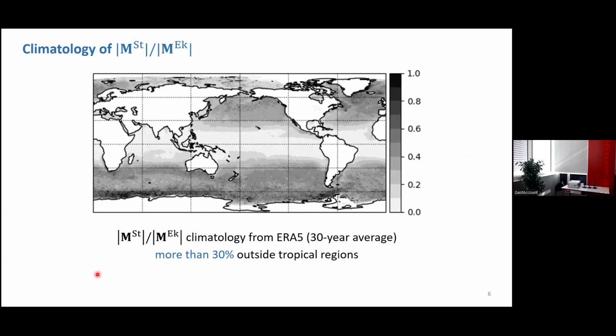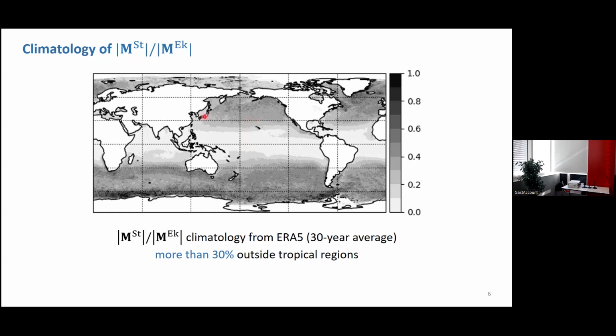The general magnitude of the Stokes transport is actually not so small. I did a rough parameterized computation from ERA5, and plotted the relative magnitude of the Stokes transport against the Ekman transport. In the equatorial regions, the ratio is small because the Ekman transport goes to infinity.